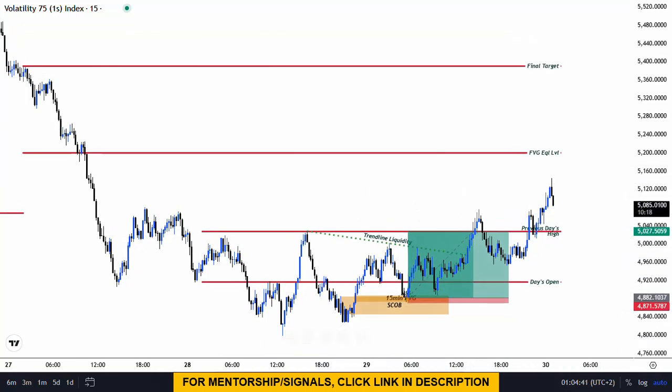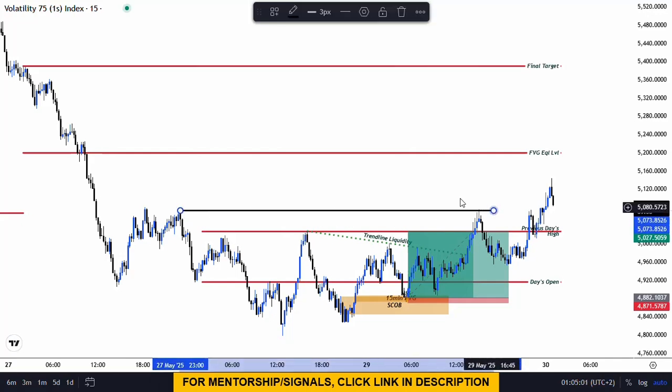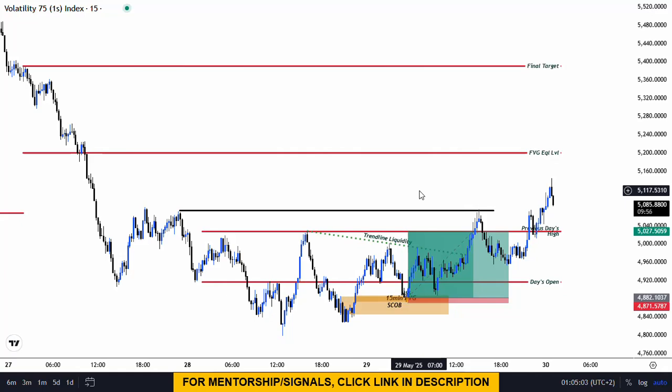Up here you have price making relative equal highs. Those are relative equal highs. That is money right there.